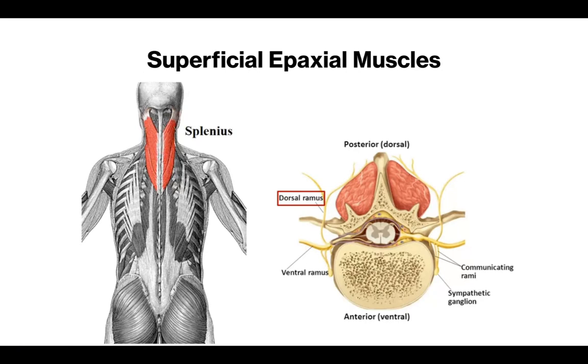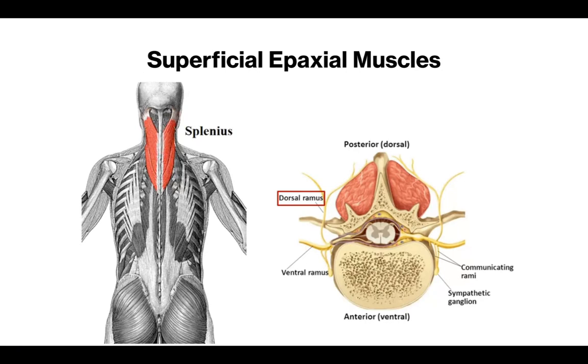If we look at the innervations, the innervations are all the same for the next 4 muscles on the next page, all part of the epaxial. The only exception for the epaxial muscles that doesn't share the same innervation is the multifidus muscle, and we'll talk about that.